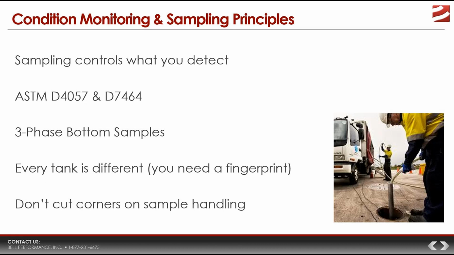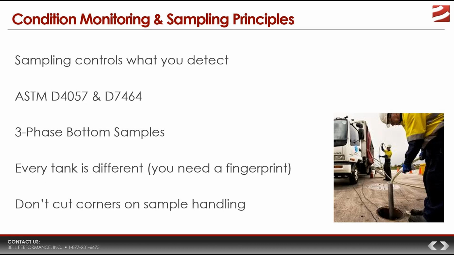So it stands to reason that if you were doing a sample to try and get the most accurate picture of your tank's microbial content, you would want to try to get a surface sample. However, it's rarely practical to get a surface sample in these kinds of tanks. That means the next best alternative is to get three-phase bottom samples.